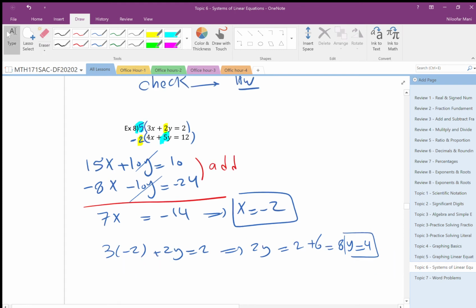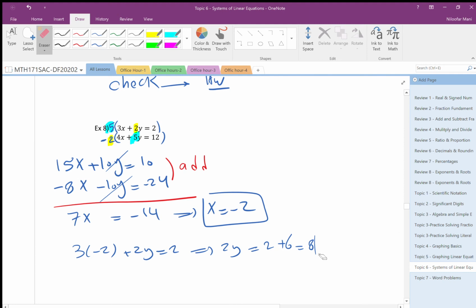So maybe I have no room here, so I just make it smaller just to say y is 4, right? Yes. Yeah. y is 4. And then my answer is minus 2 and 4.